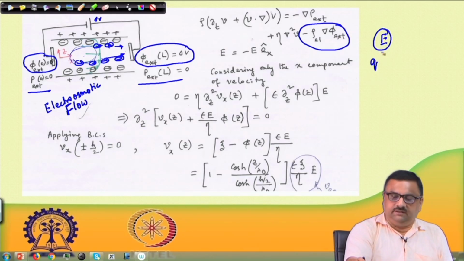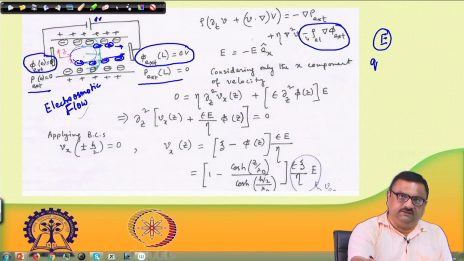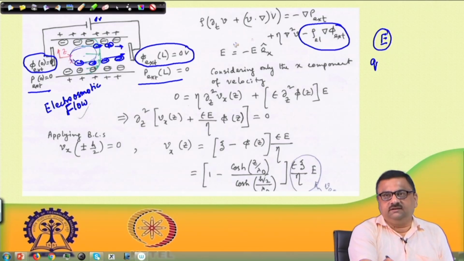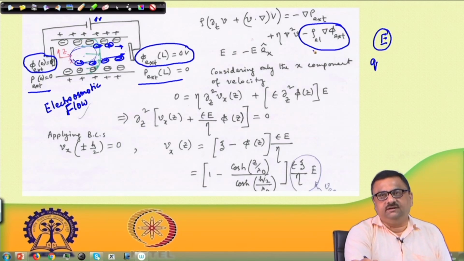Its synonymous term here is charge density. Because the terms in the Navier-Stokes equation are on a per unit volume basis, these would be the body force term one has to consider.